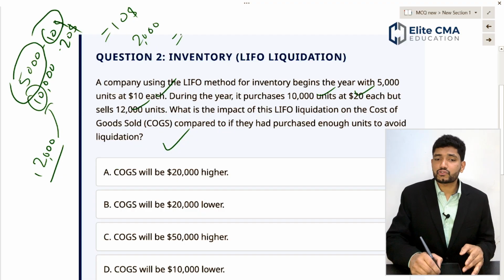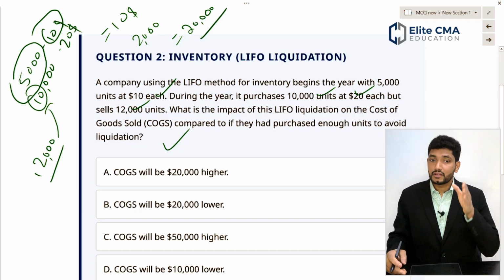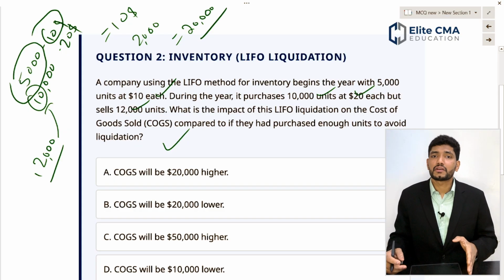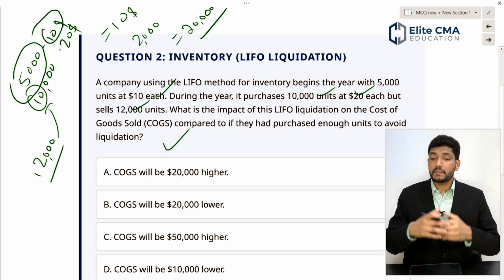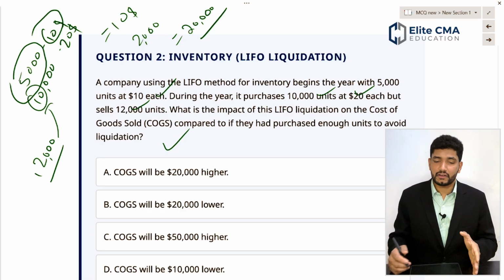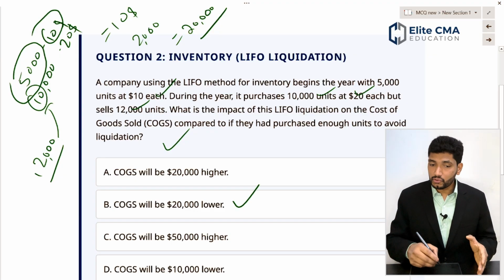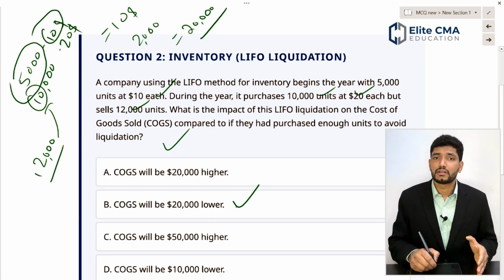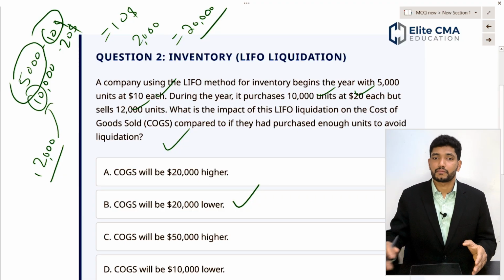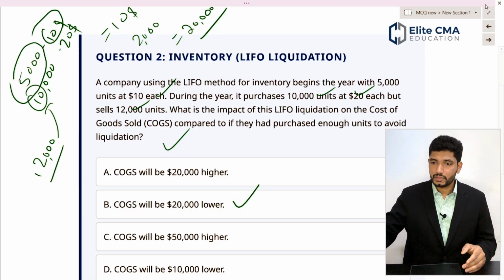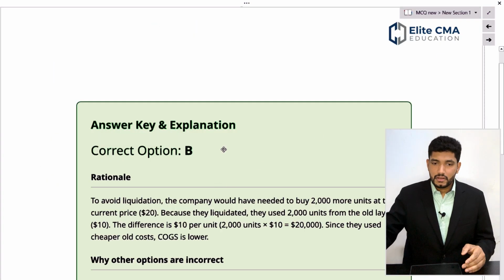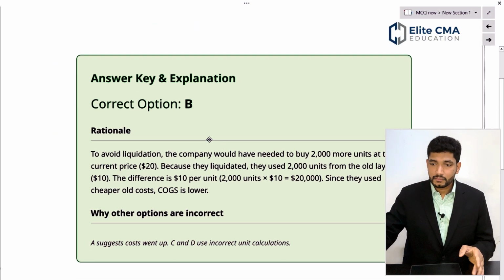So, the total cost of goods sold will be lower by 20,000, when compared to if they had purchased enough stock to avoid the liquidation. You can see option B is the right answer here. Cost of goods sold will be $20,000 lower because of this liquidation. You can see the explanation here.